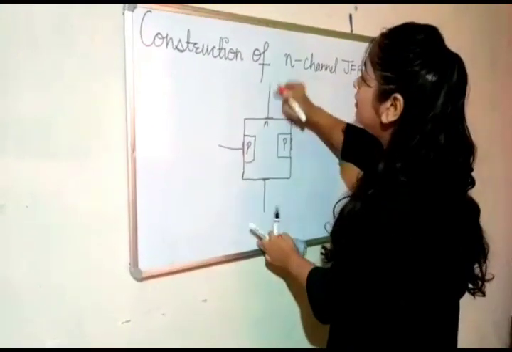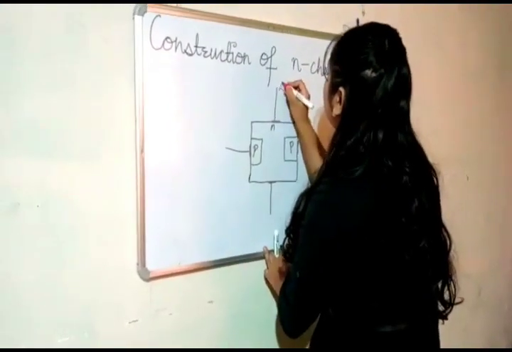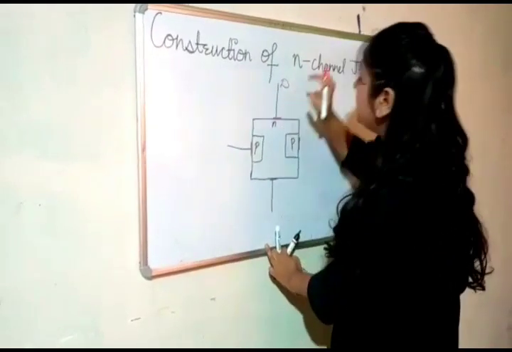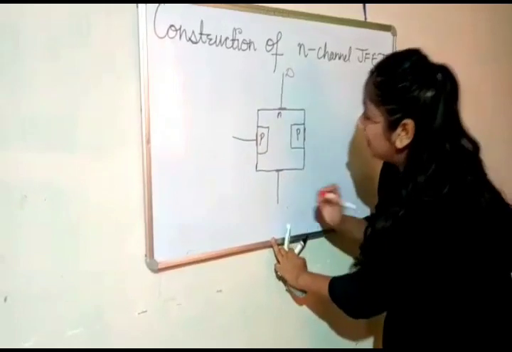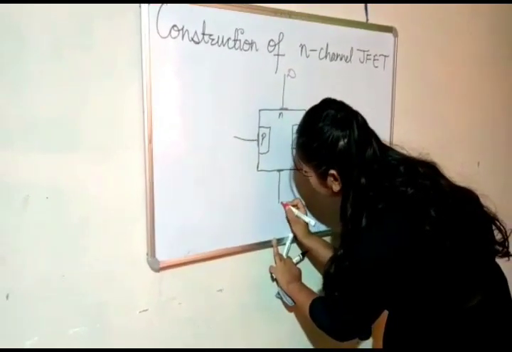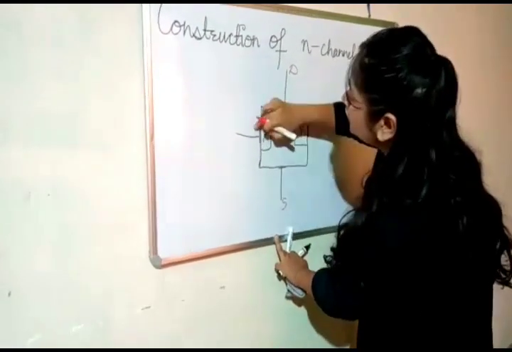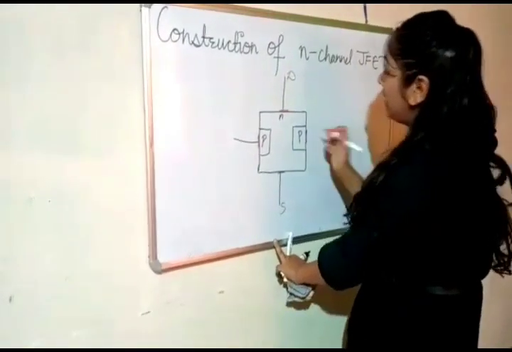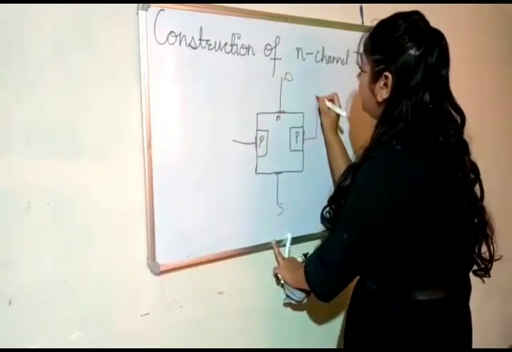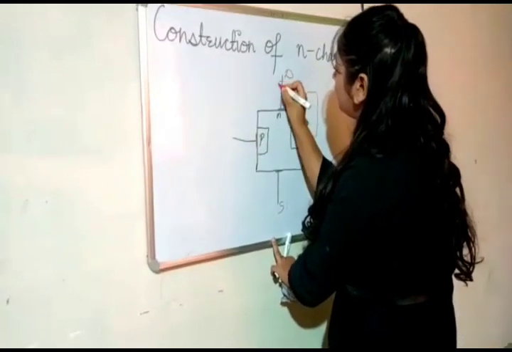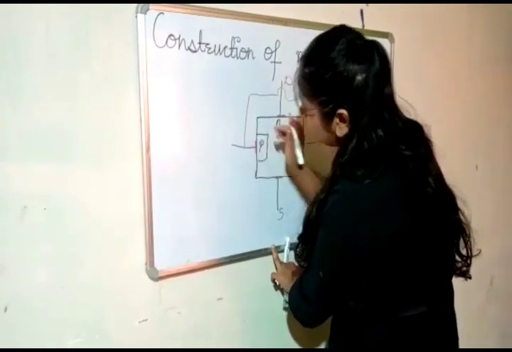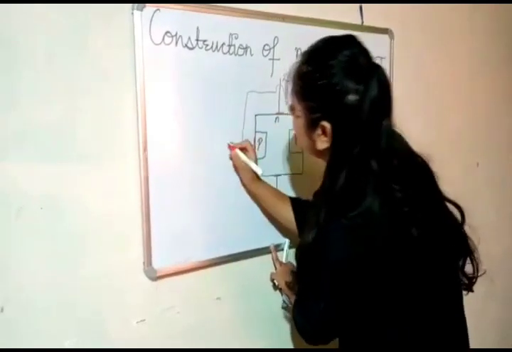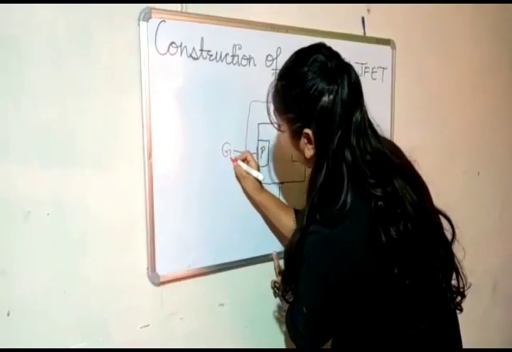This first ohmic contact is our drain terminal. This second ohmic contact is our source terminal. This third and fourth ohmic contacts are joined together and a single terminal is taken out, that is the gate terminal.